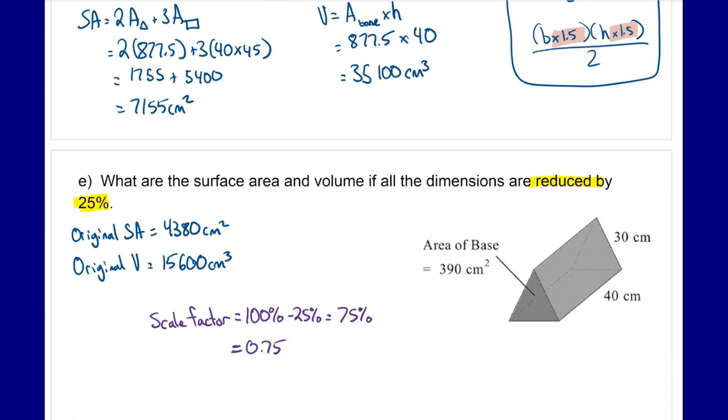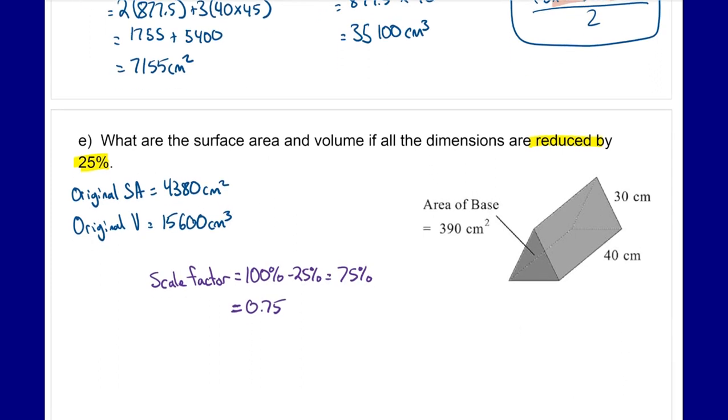So if I wanted to find what 25% less of each side length was, or each measurement, I would multiply it by 0.75. Now, because all the dimensions are reduced, I don't have to recalculate the new measurements for the side lengths, for the area, and then recalculate the surface area and volume.